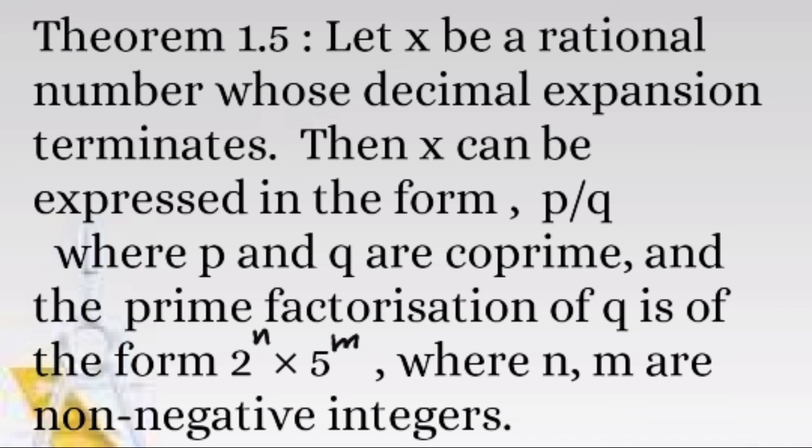Theorem 1.5. Let x be a rational number whose decimal expansion terminates. Then x can be expressed in the form p by q, that is the rational form, where p and q are coprime, and the prime factorization of q, that is the denominator, is of the form 2 raised to n into 5 raised to m, that is power of 2 into power of 5, where n, m are non-negative integers.